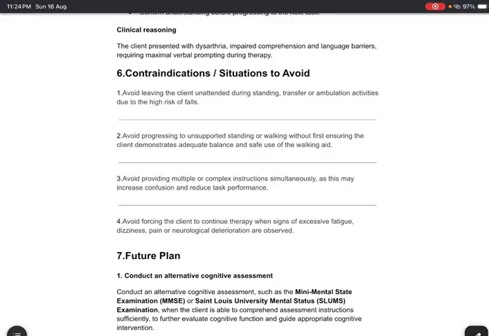Multiple or complex instructions should also be avoided because they may increase confusion and affect his task performance. Finally, therapy should not be continued if Mr. K demonstrates excessive fatigue, dizziness, significant pain, or sudden neurological deterioration.